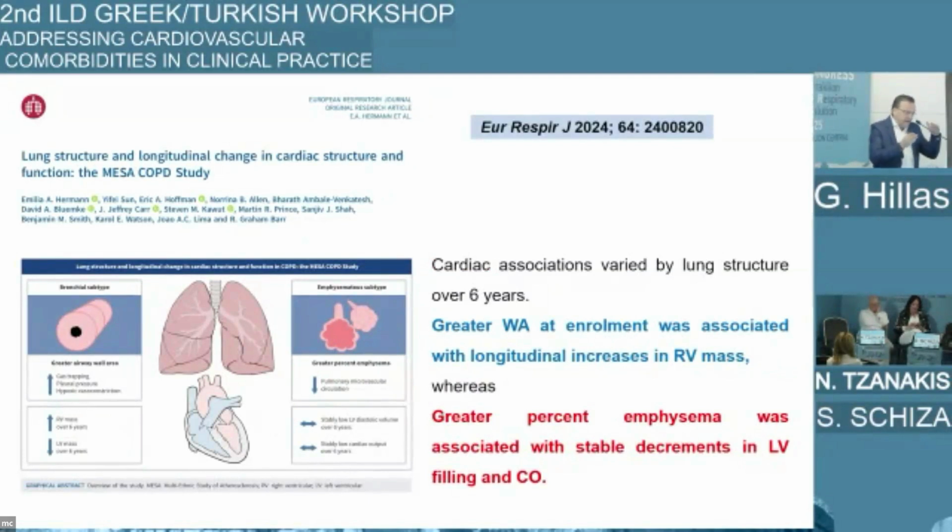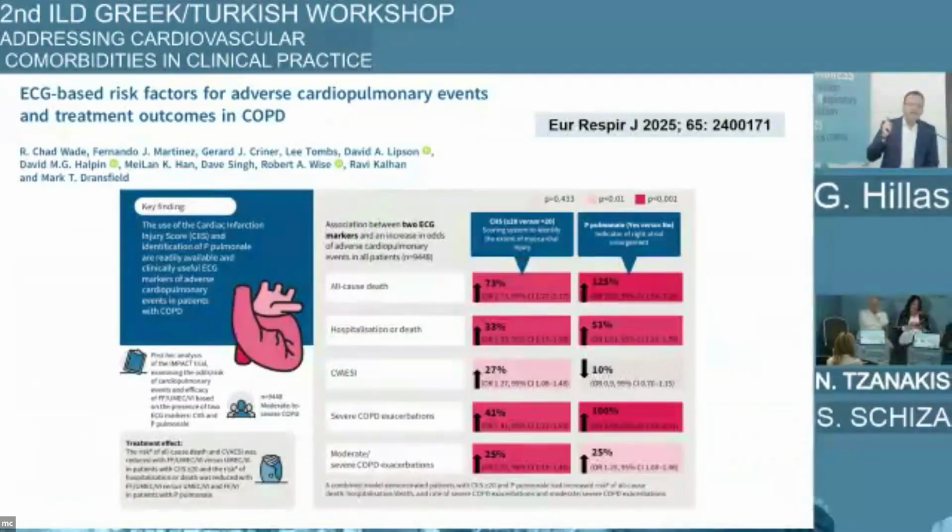When greater emphysema was present at baseline, it was associated with stable decrements in left ventricular filling and cardiac output, whereas greater wall area at enrollment was associated with increases in right ventricular mass. And this is a very interesting post-hoc analysis of IMPACT, and the results of this study suggested the potential clinical relevance of cardiac infarction injury score and P pulmonale as risk indicators for adverse cardiopulmonary events.